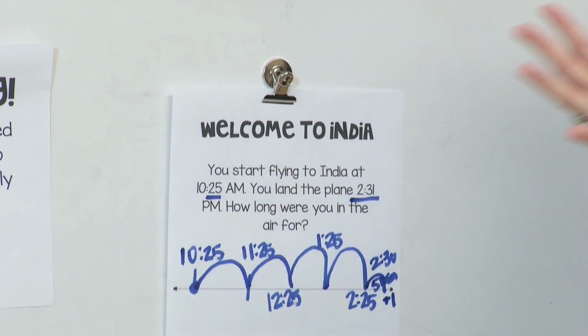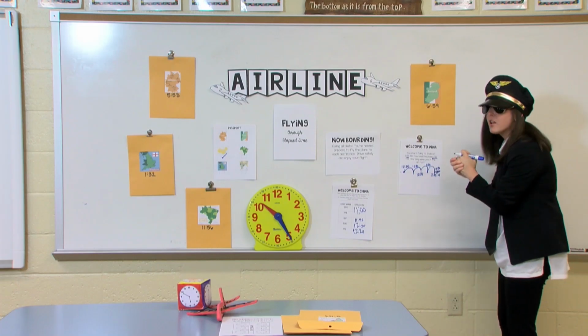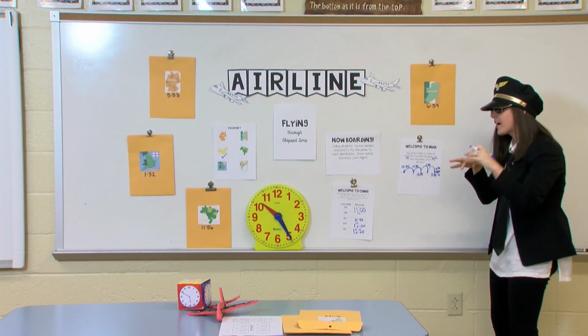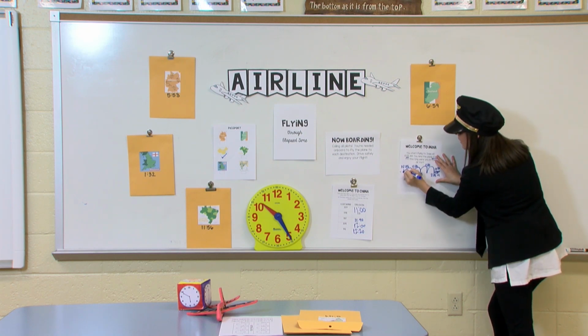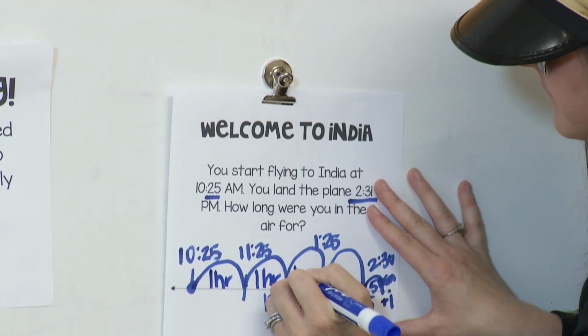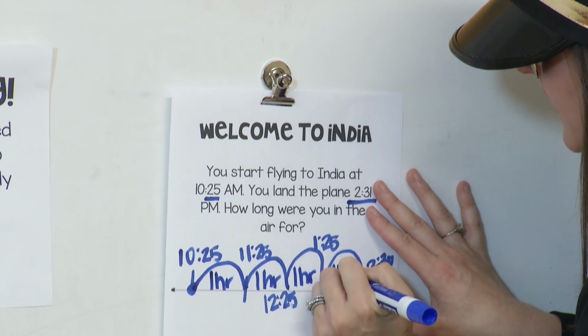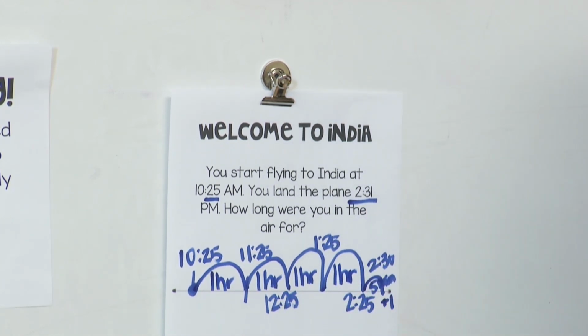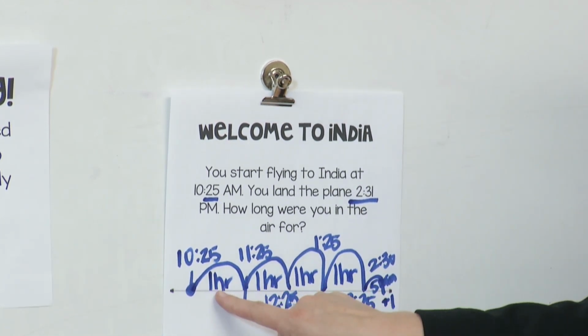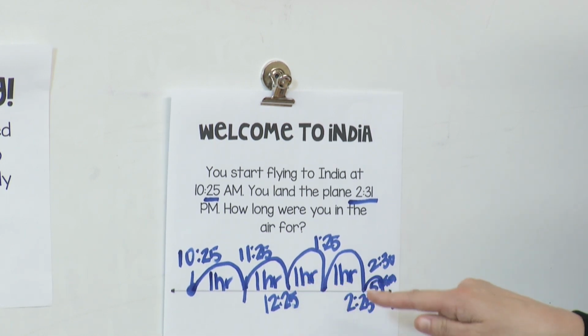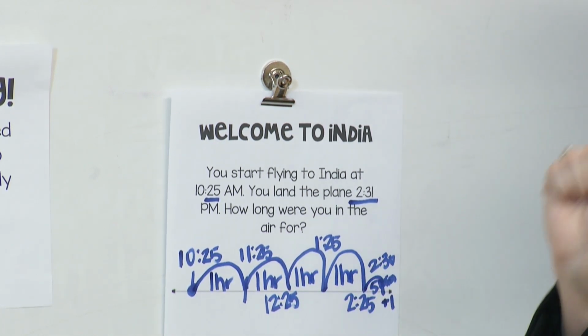Now let's put all this together and use our knowledge of addition to add all of our hours and minutes. So this was 1 hour in each of these humps, right? And then we had 5 minutes and then 1 minute. So let's count it. 1, 2, 3, 4 hours.